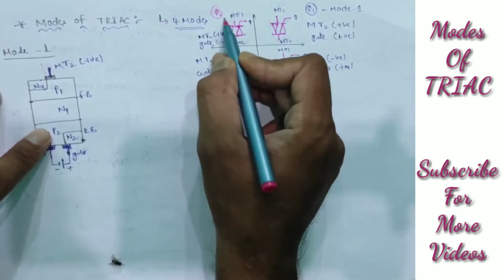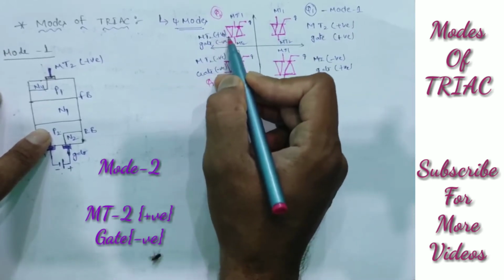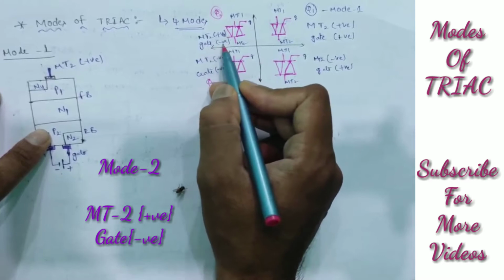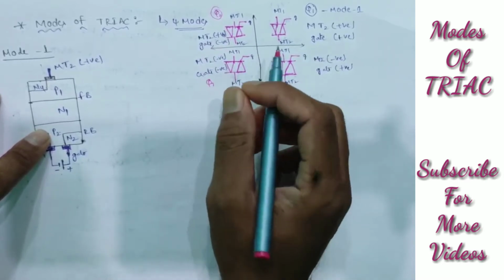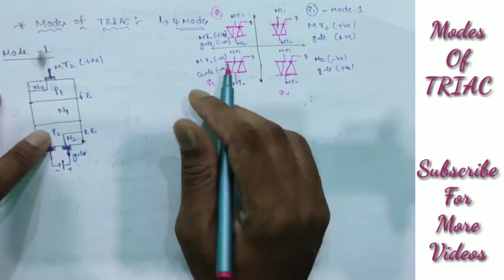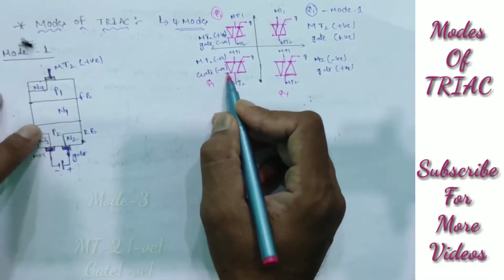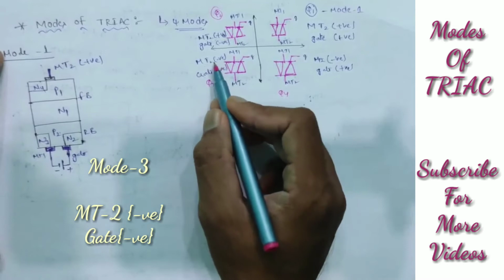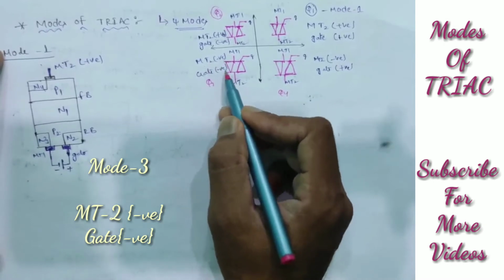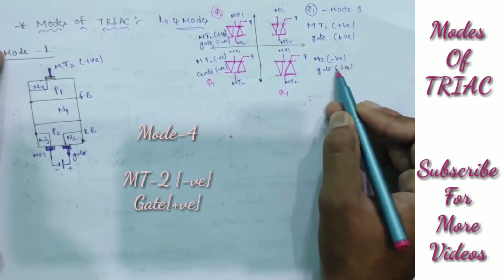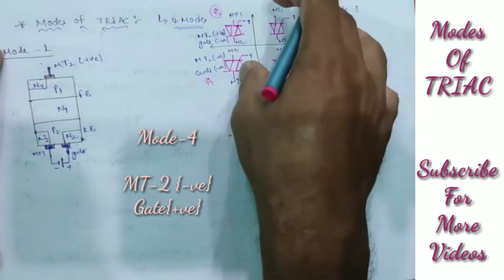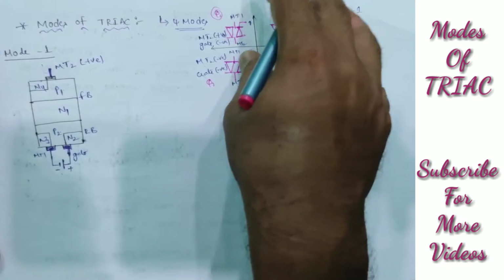In mode 2, MT2 is positive, whereas gate is negative. In Q3, that is quadrant 3 or mode 3, MT2 is negative, gate is negative. Then finally, MT2 is negative, gate is positive. These are the four modes.